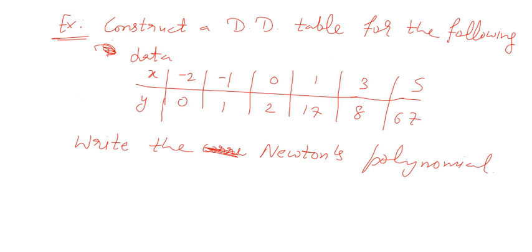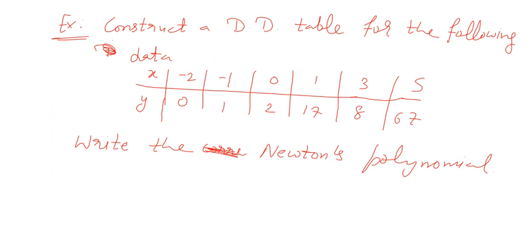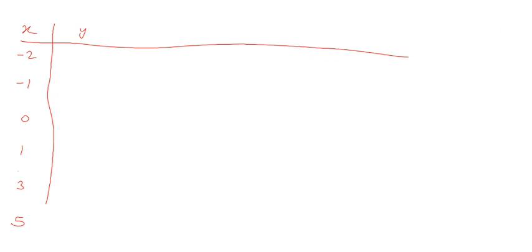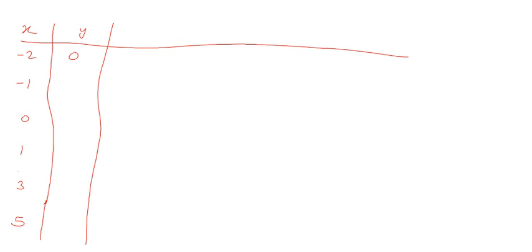What are the values for x? -2, -1, 0, 1, 3, and 5. What are the y values? 0, 1, 2, 17, 8, and 67.